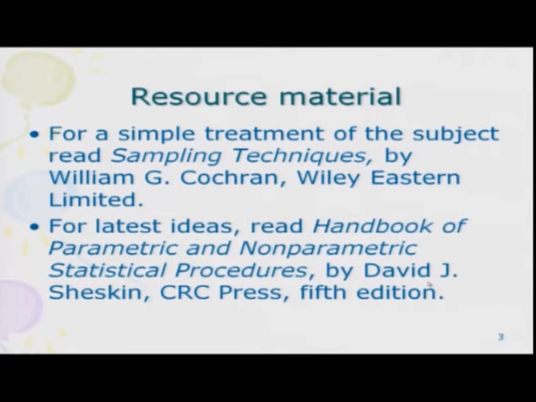It is very useful, very detailed. Actually, it is a very good book for all areas of statistics. So, I would advocate that you recommend to your library that this book is purchased if it is not there.